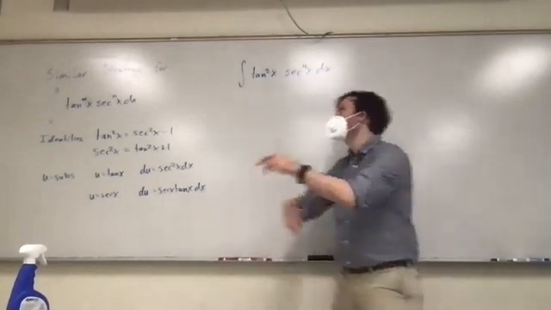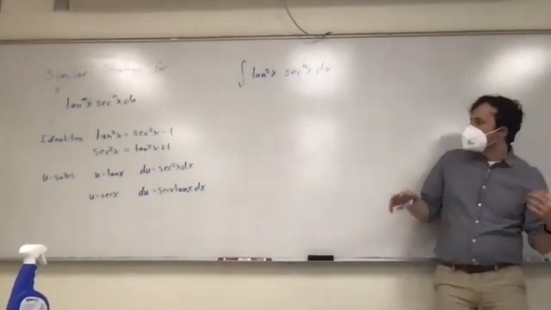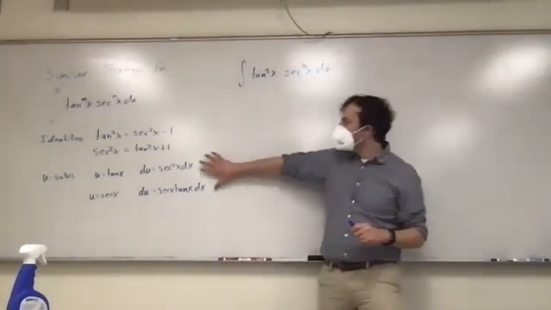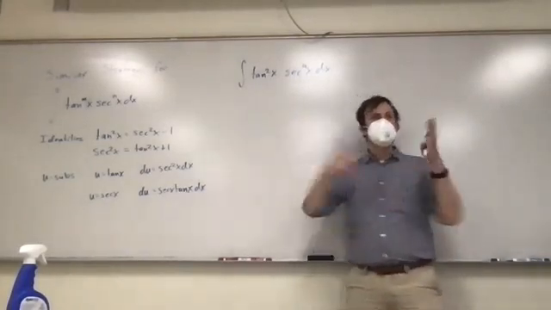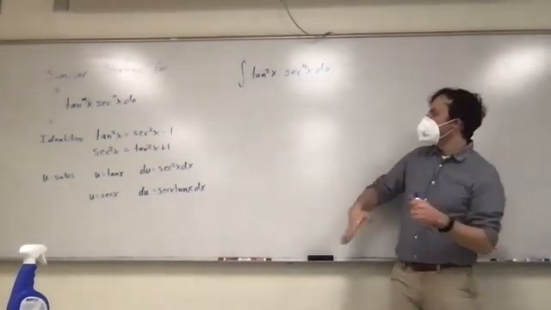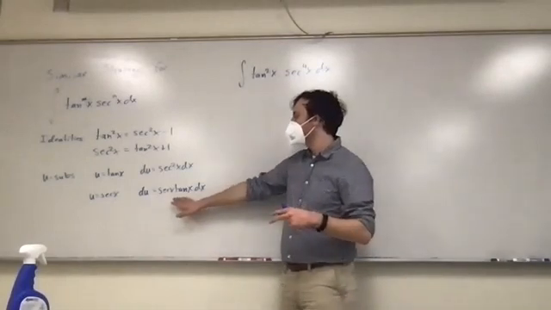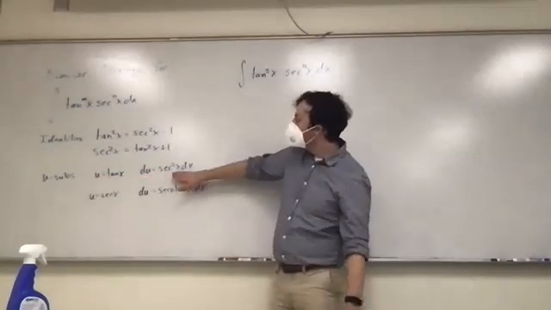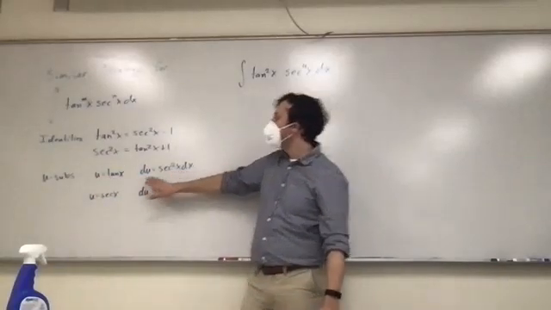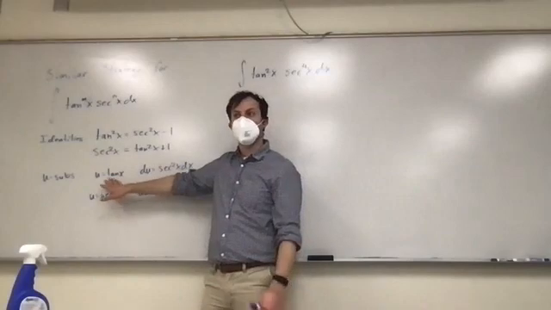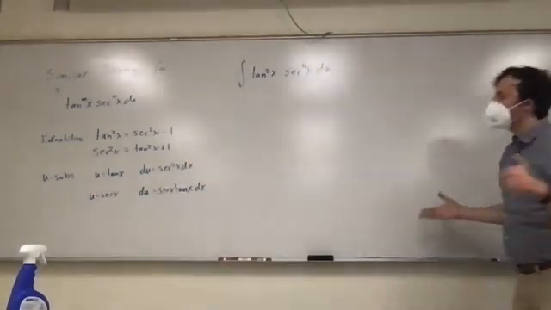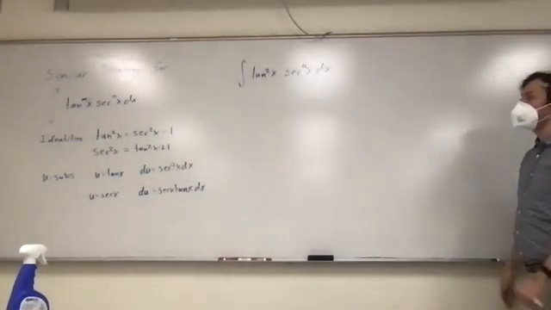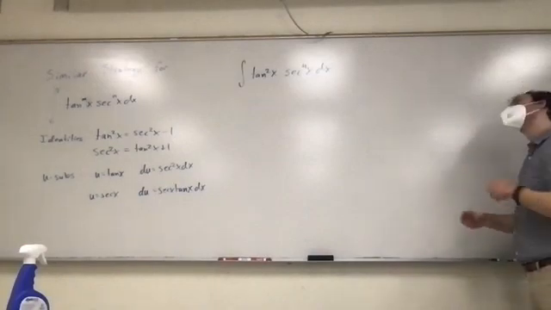So we need to think about, for each of these possible du's, if we set aside secant tangent, can we turn everything else into secants? And if we set aside a secant, can we turn everything else into tangent? That's the decision that needs to get made about which u substitution we're going to try to go for.